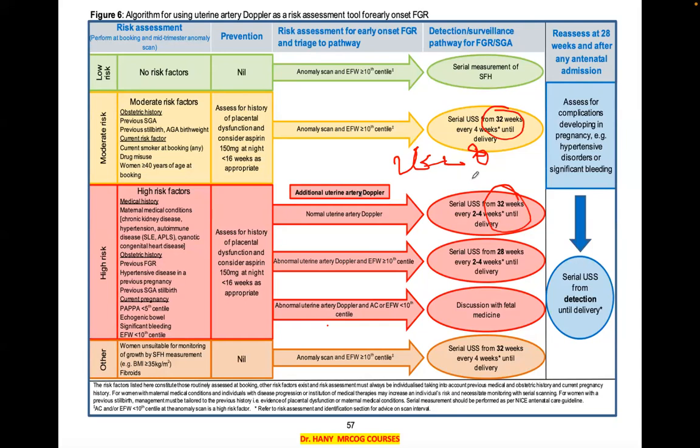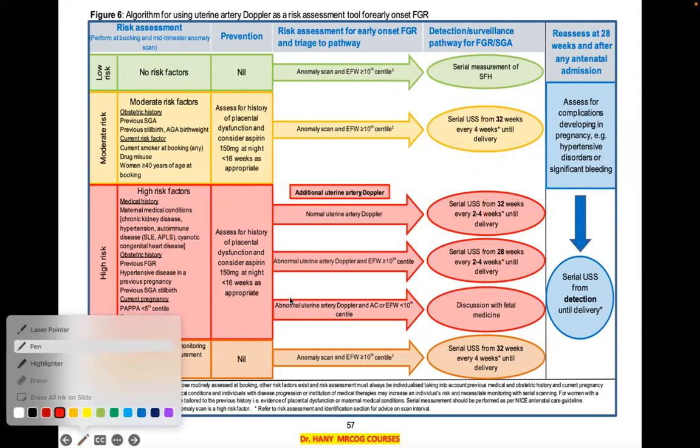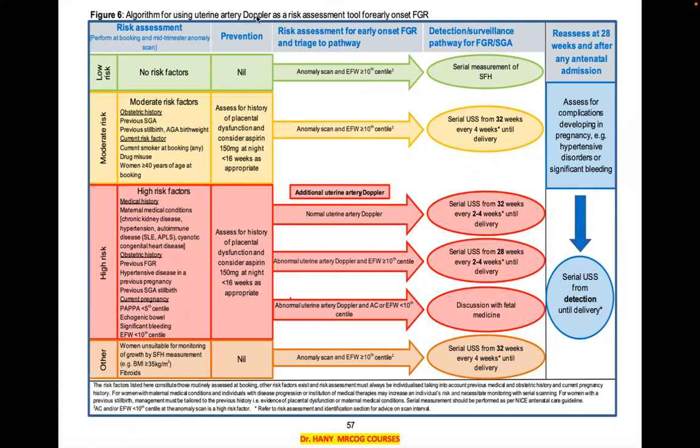Every time I'm trying to book, I will write here, it is indicated according to the RCOG guidelines, they will refuse the case and they will say, we don't have capacity unless it follows this. That's why I'm telling you the exam will come from here, because this is the actual practice in the UK now.